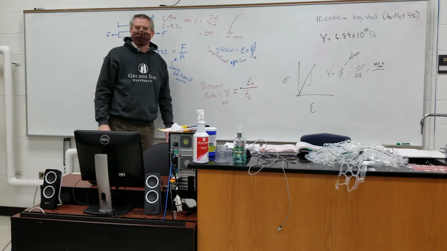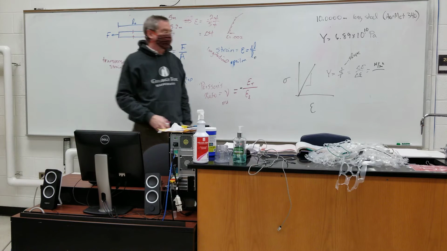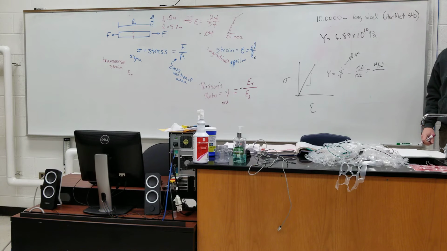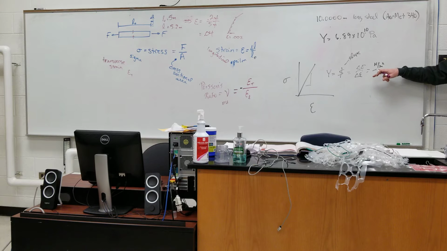It's unitless. Or if you really have a strong desire, because of some childhood scars, to write units, meters per meter also works. But it's unitless. So that leaves us with the units of Young's modulus as newtons per square meter, which is by definition a Pascal.